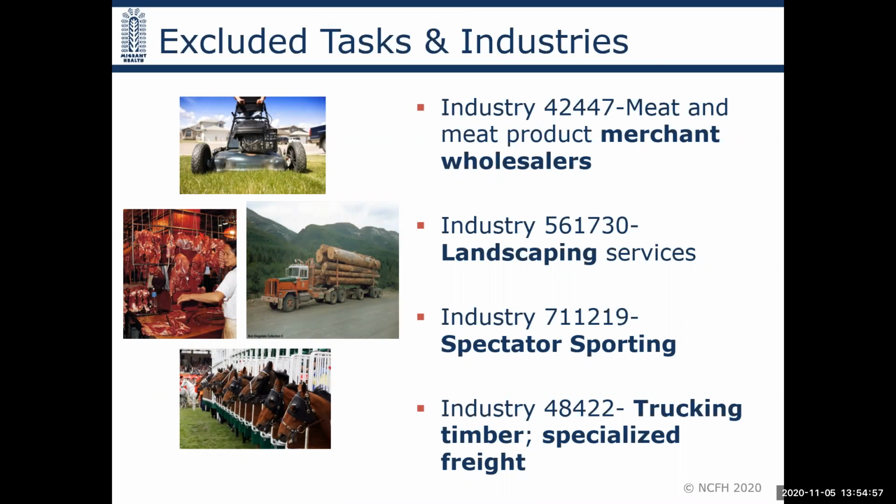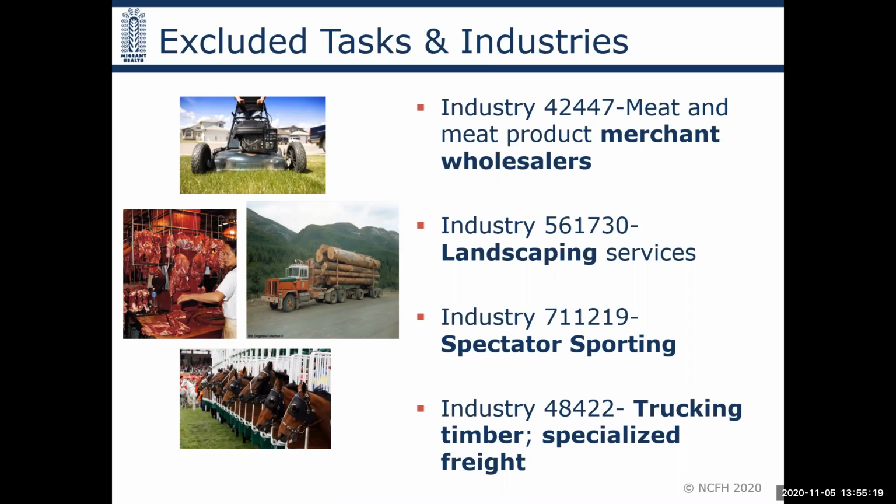Another question that's come up is, what about someone who works with racehorses? That's part of the spectator sporting industry. So if an ag worker is raising and caring for horses on the farm, anytime within the last 24-month period, they could be classified as an ag worker based on the tasks that they're doing there.